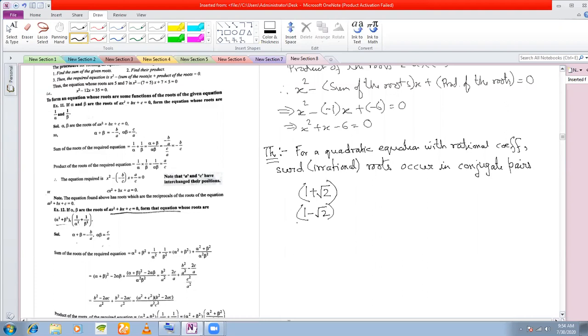If one root is given and you know that that root is irrational, then you can write the other root, because they will always occur in conjugate pairs. So if you know one root is 1 minus root 3, the other root has to be 1 plus root 3. Similarly, if you know that one root is 3 plus root 5, the other root has to be 3 minus root 5.